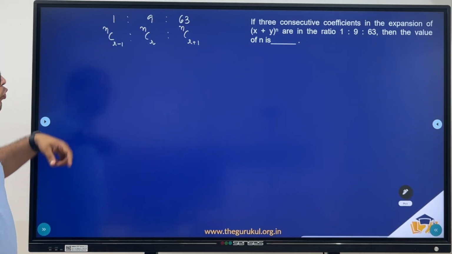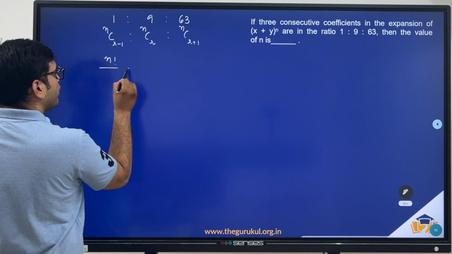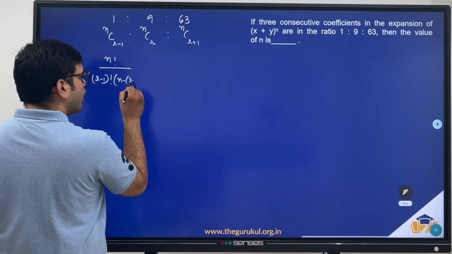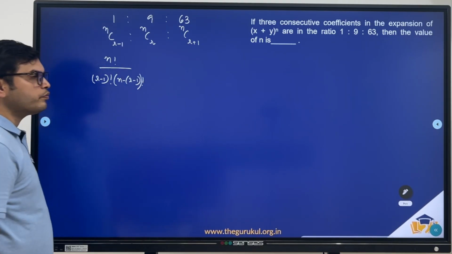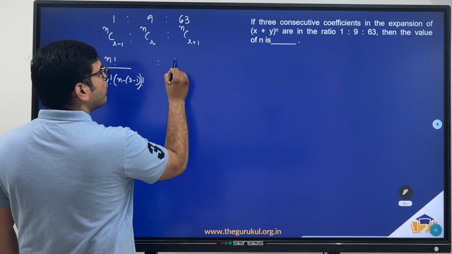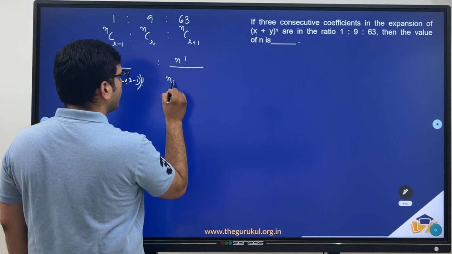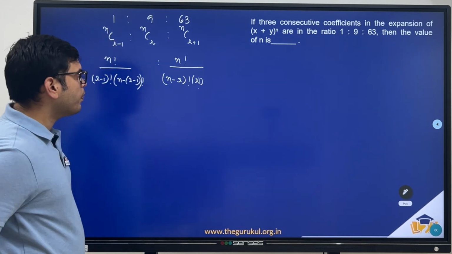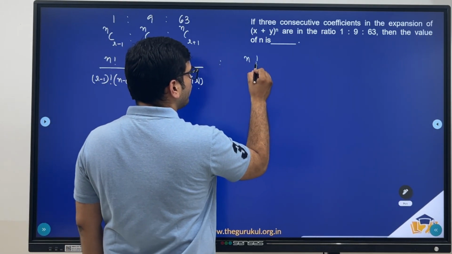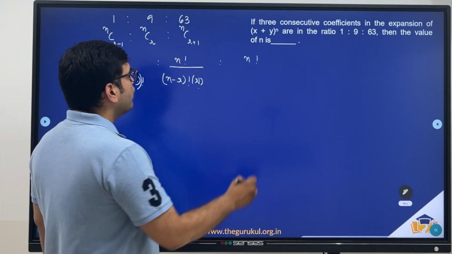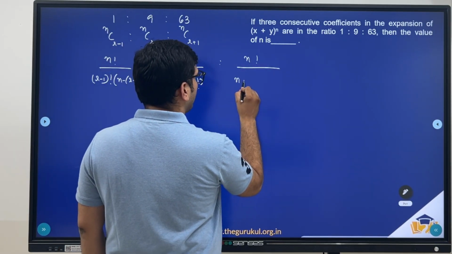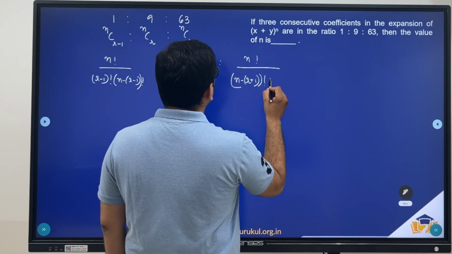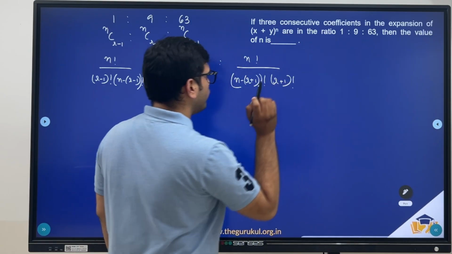Now nCr minus 1 is nothing but n factorial by r minus 1 factorial into n minus r minus 1 factorial, is to n factorial by n minus r factorial into r factorial, is to n factorial by n minus r plus 1 factorial into r plus 1 factorial.